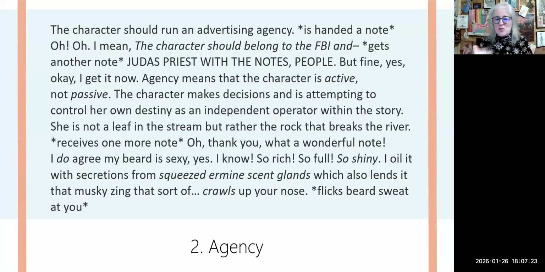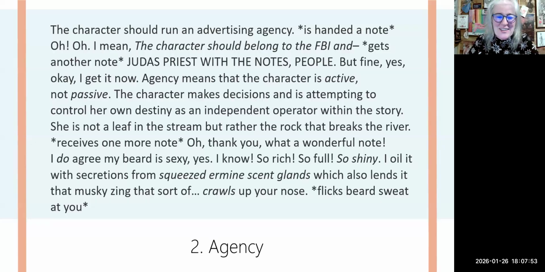She is not a leaf in the stream, but rather the rock that breaks the river. Receives one more note. Oh, thank you. What a wonderful note. I do agree my beard is sexy. Yes, I know. So rich, so full, so shiny. I oil it with secretions from squeezed ermine scent glands, which also lends that musky zing that sort of crawls up your nose, flicks beard sweat at you.